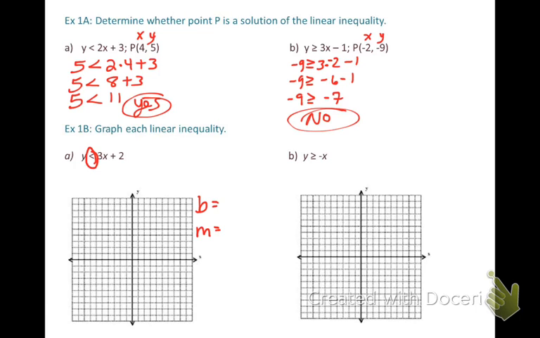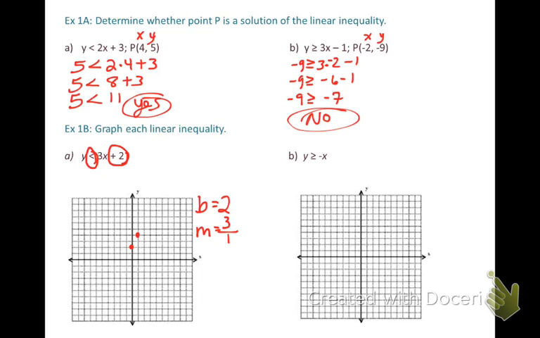So I'm going to look at b, that number right there. That would be 2. So I'm going to put a point at 2. And then I have m equals 3, and I have to make it a fraction, so over 1. So I'm going to go up 3 from the point. So 1, 2, 3 over 1.